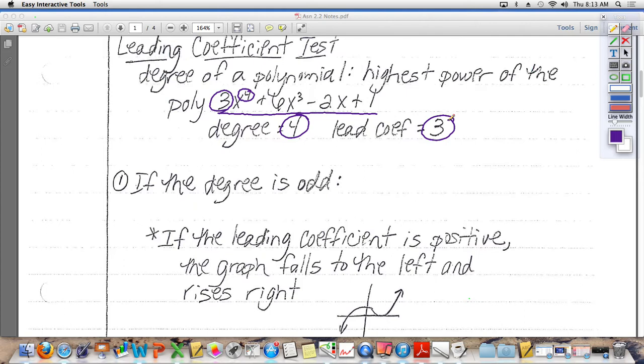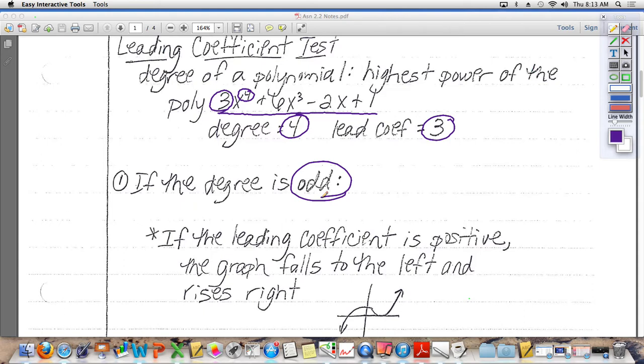All right. If the degree of the function is odd, put a big old star around this or circle it, whatever, make a note of that in your notes. If the degree is odd, there's two different situations.